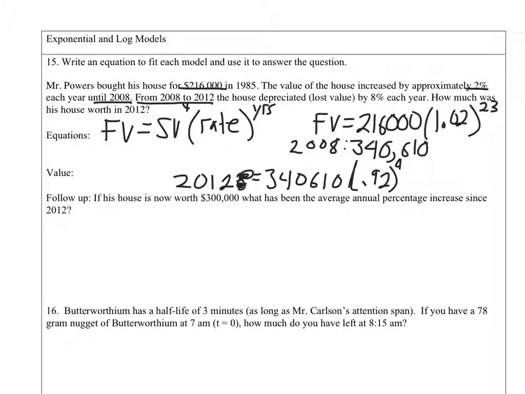So we're going to take that value, 340,610, and multiply that by 0.92, that was 1 minus 0.08, and do that to the 4th power. And we get $244,010.